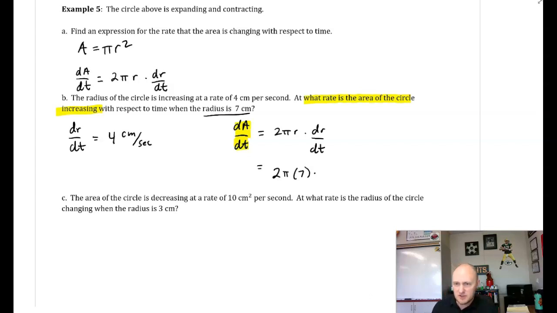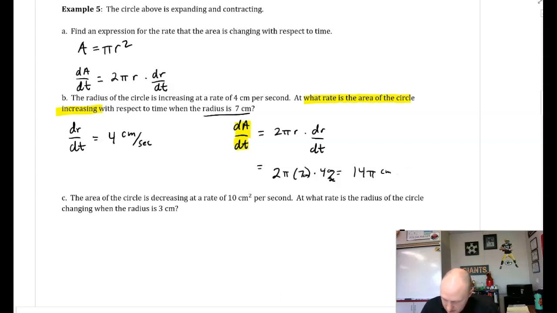Well, they gave us that. They told us that the radius is changing at a rate of 4 centimeters per second. Okay, so here is dA/dt, and this was in centimeters per second. If I go ahead and multiply this, we have 14 pi times 4, and I don't want to lose track of my units here.